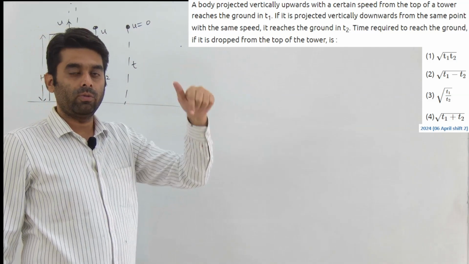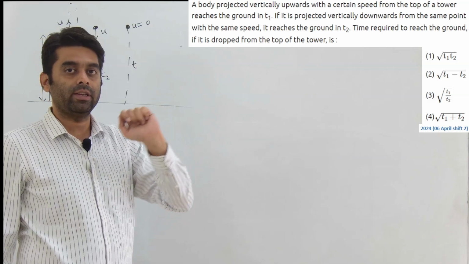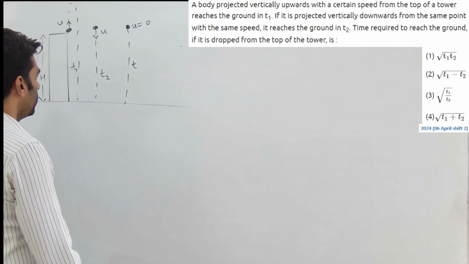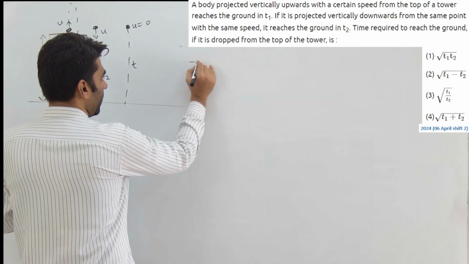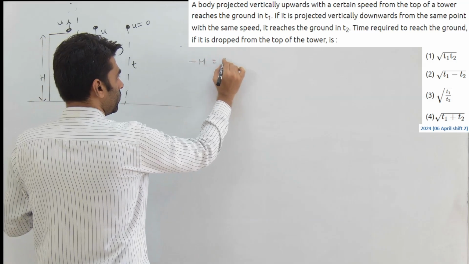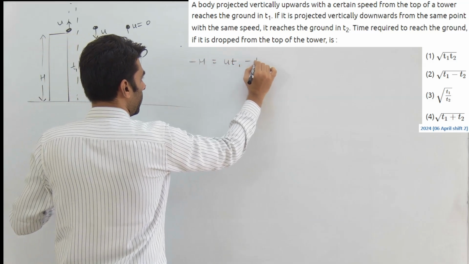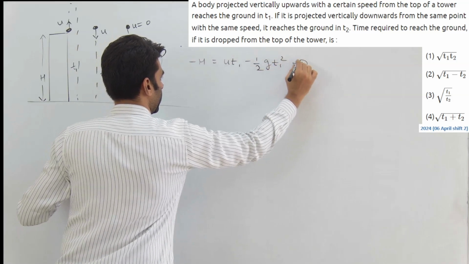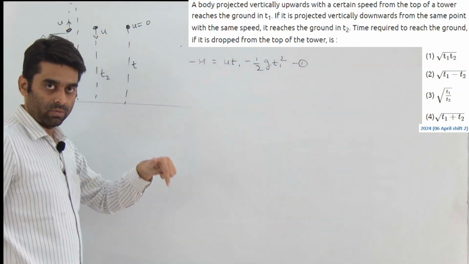I am taking downward direction as negative, upward direction as positive. So if we use second equation of motion for situation 1, minus h, because the displacement is downward, is equals to u t1 minus half g t1 square. Equation number 1. And g is downward, negative.